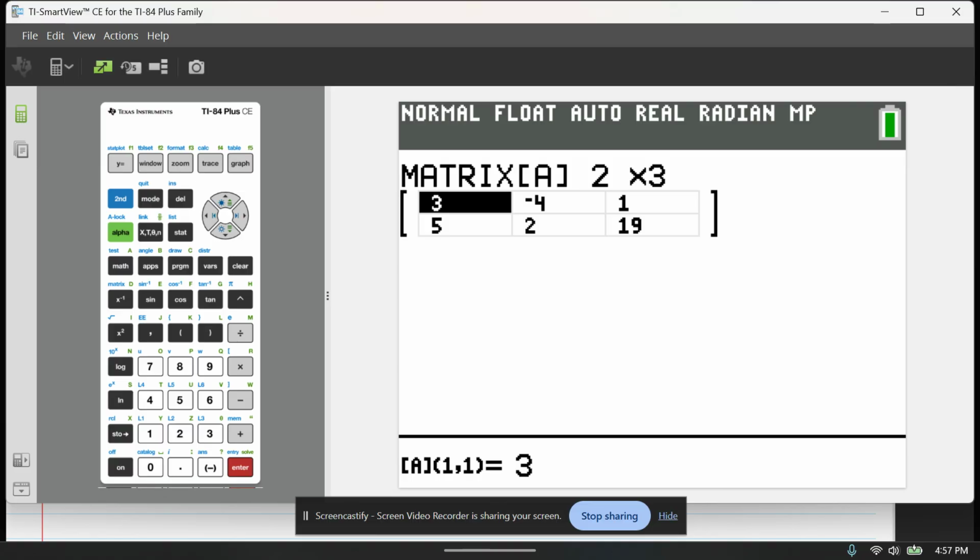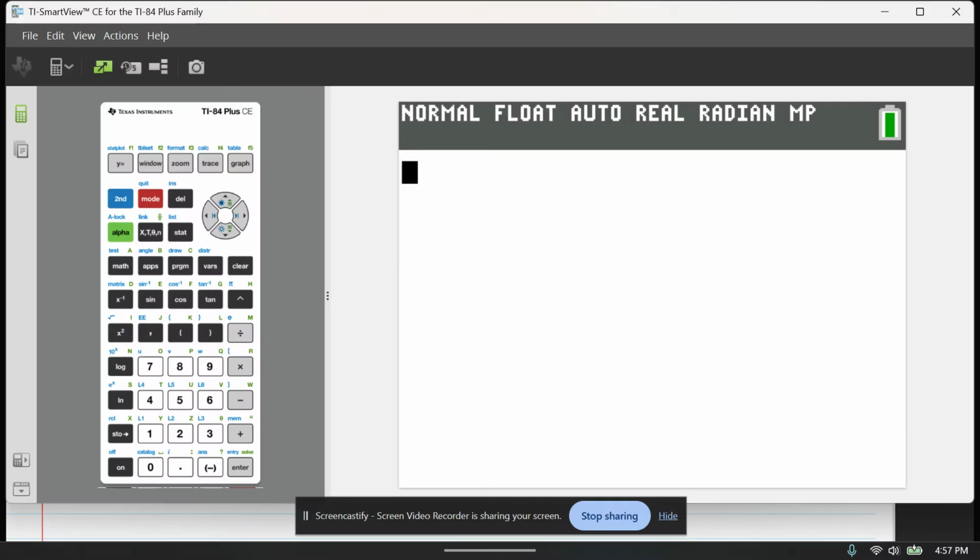Now, I'm going to go back to the regular calculator screen. So to do that, I hit second mode, and that will get me out of the matrix menu and onto the regular calculator screen. Second, and then mode is right beside it. That gets you out of whatever you're in. Okay. Now I'm going to tell the calculator to do reduced row echelon form. So I'm going to hit second matrix again.